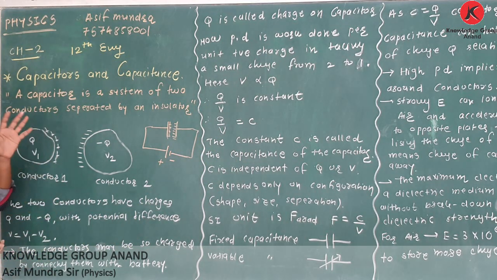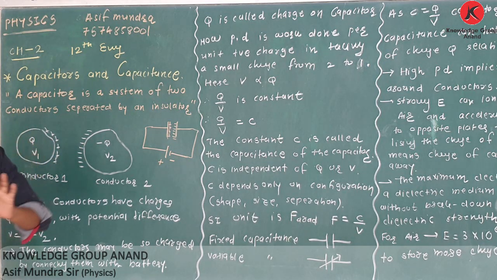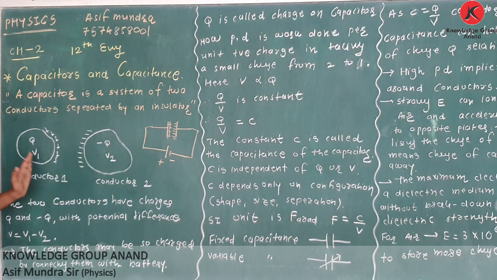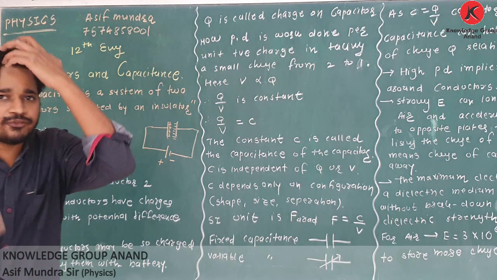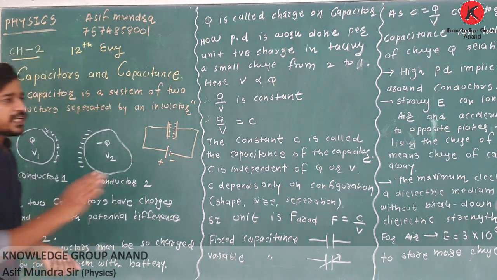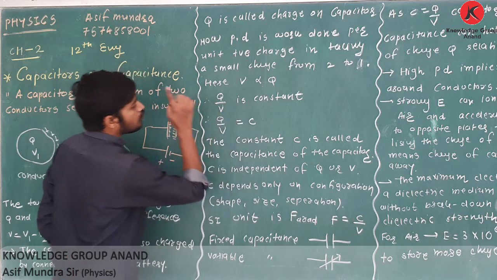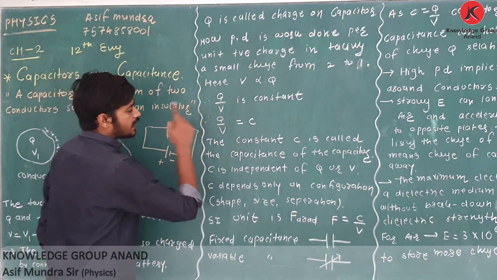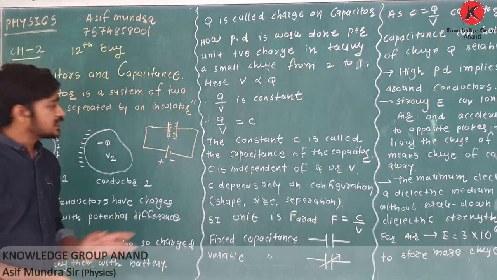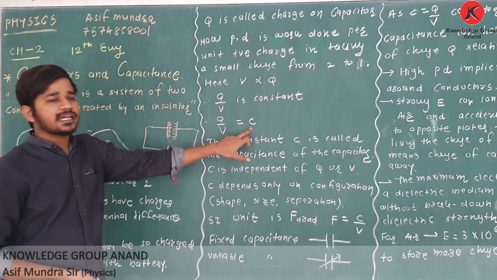Again, Q is the charge on the capacitor, on both plates. Here it is positive, here it is negative. If you take the potential difference between them, then for each and every situation, the Q upon V ratio is constant, and that constant is called capacitance. Here C is called capacitance.